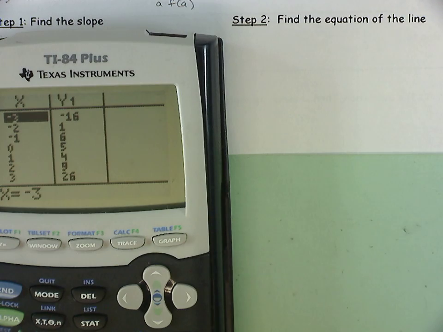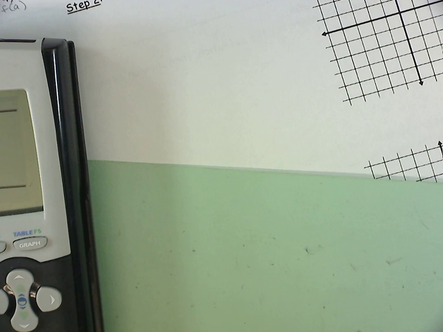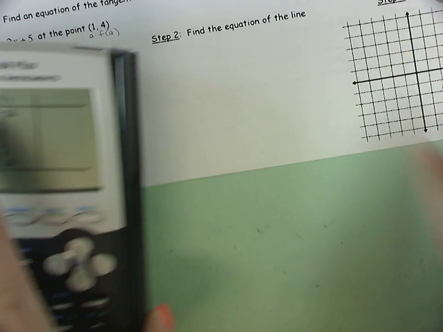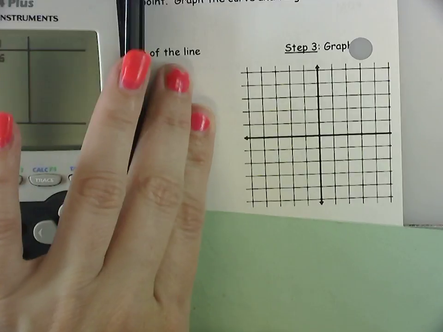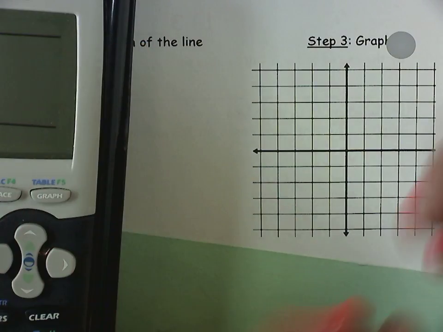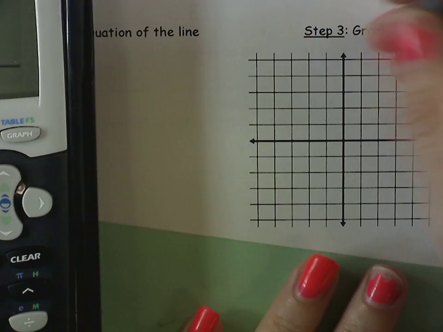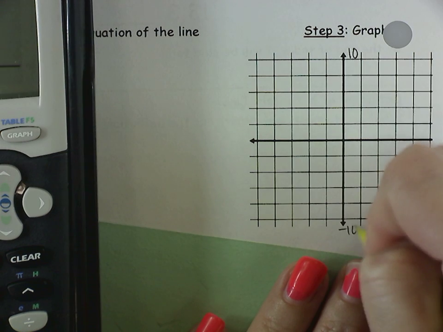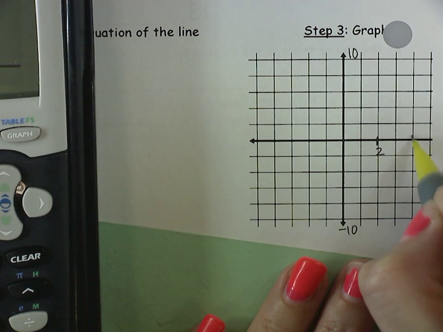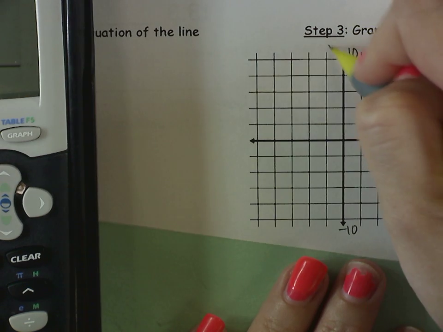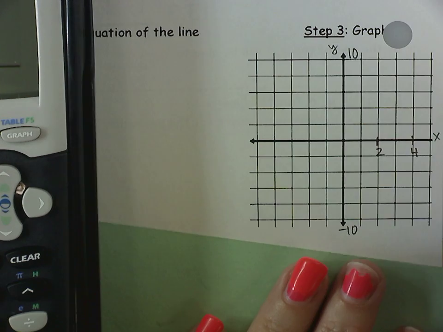What's that? Your original equation. Because when you graph the line, that one you can do without it. Okay, and then I went by 2's on my scale just so I could get up to values that were past 5. So this was 10, this was negative 10, and then on my x-axis I went by 1's.